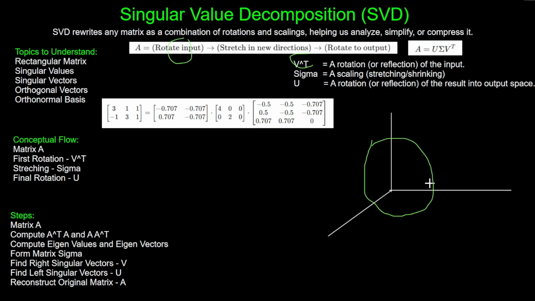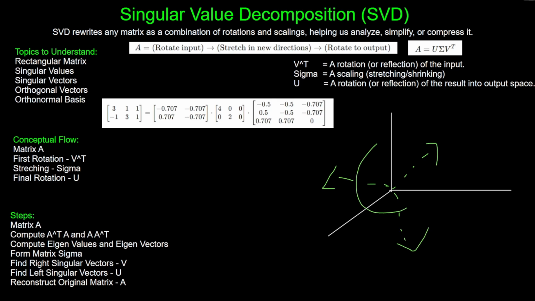It is rotated along the direction of the orthonormal basis, which is extracted from V transpose of V. So let's say this is the orthonormal basis, and this ellipsoid is rotated along the orthonormal basis. Why do we do it? Because the shape stays the same, it's just reoriented, that's it.